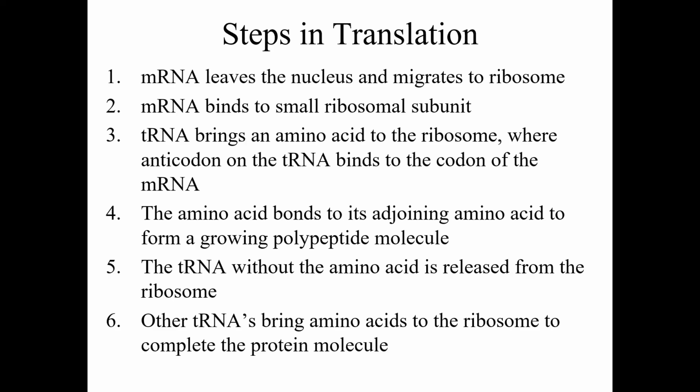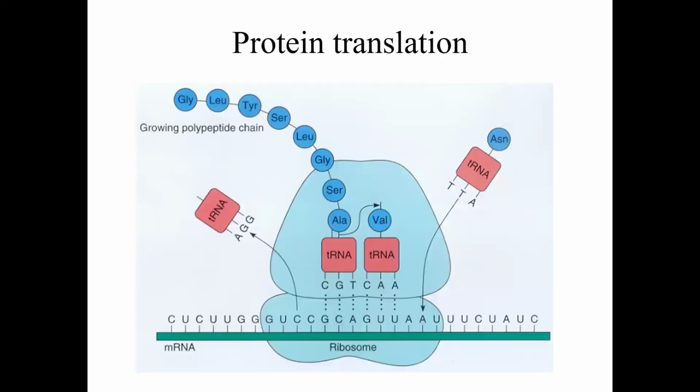And the transfer RNA without the amino acid is released from the ribosome. Then other transfer RNAs bring amino acids to the ribosome to complete the protein molecule. So this is the whole idea behind protein translation.